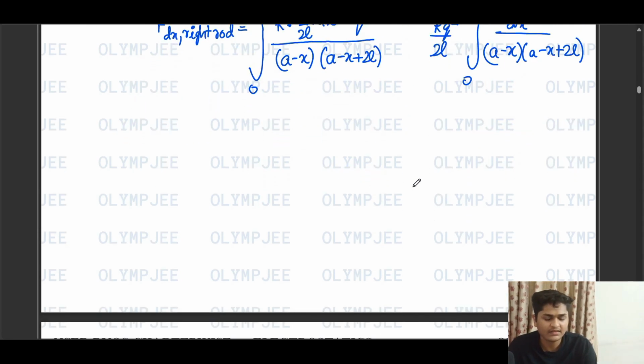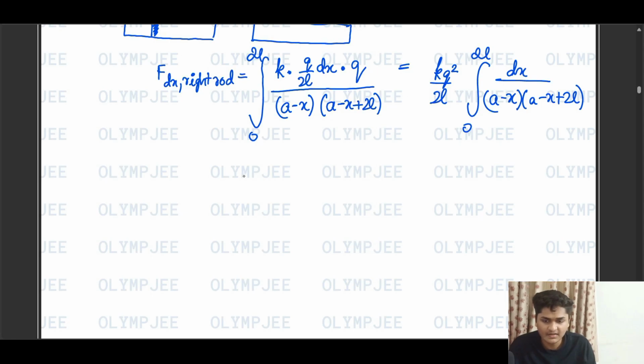Now to integrate these kinds of equations, we have a trick. You might have used it in maths if you have studied the differentiation integration chapter. So this will become, if we multiply 2l in the denominator and also 2l in the numerator, so we will get this. And why have I done this?